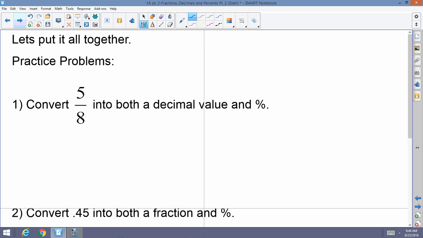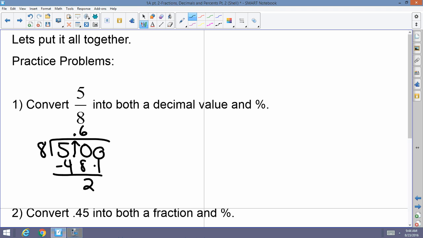All right. Let's practice. Put it all together. So I want to convert 5/8 into both a decimal and percent. So let's do this. I'm going to go ahead and divide. In order to go from a fraction to a decimal, I have to divide. So I'm going to go 8 on the outside, 5, add my decimal, bring it up so I don't forget, add my 0. 8 goes into 50 6 times, which is 48.